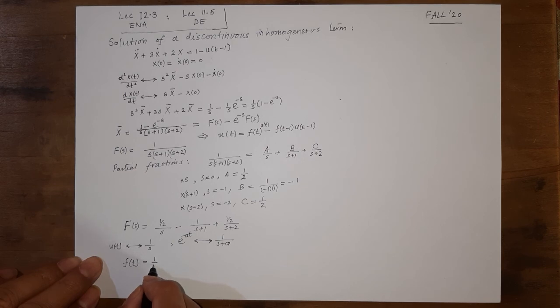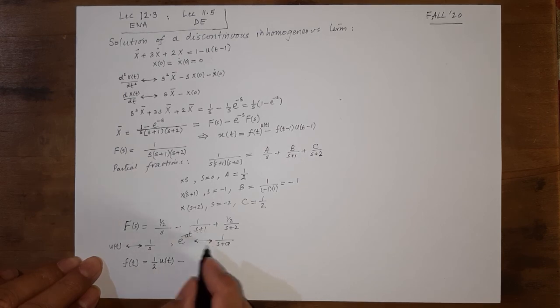and that would be equal to 1 by 2 u(t) minus e raised to the power minus t plus 1 by 2 e raised to the power minus 2t.